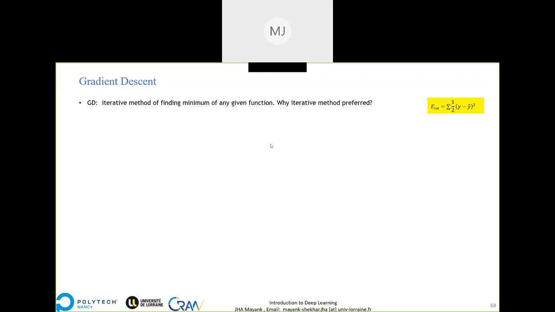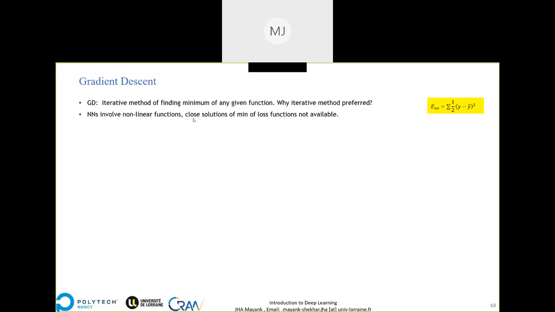If it really doesn't work, then we go for other ways of learning. Gradient descent is really one of the major iterative optimization methods. It is basically an iterative method for finding the minimum of any given function.